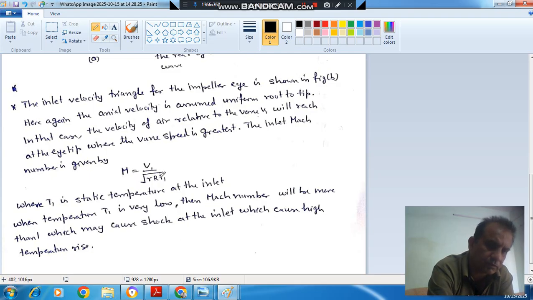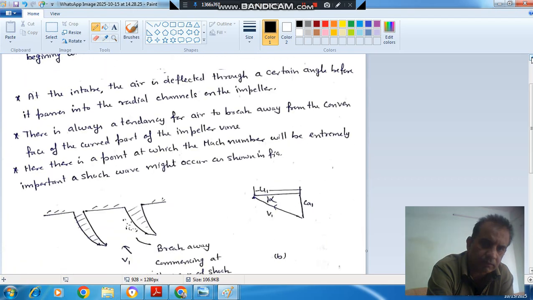So this velocity V1 should be kept low to avoid the Mach number exceeding 1. This is the main criterion while designing for Mach number in a compressor.